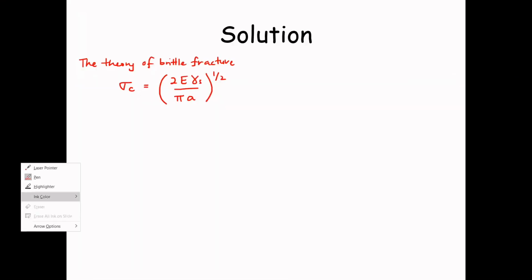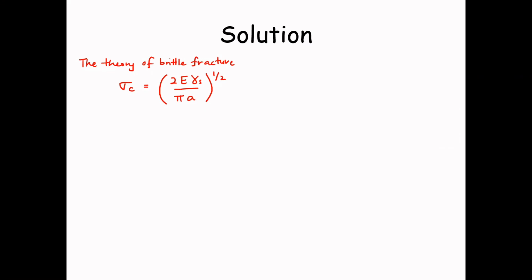So in theory, the theory of brittle fracture mentions that based on this equation, we have sigma C equals 2 times E times gamma S divided by pi A, to the power of half.